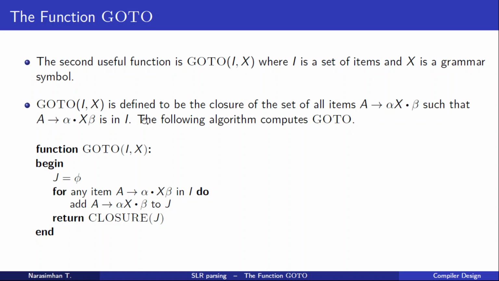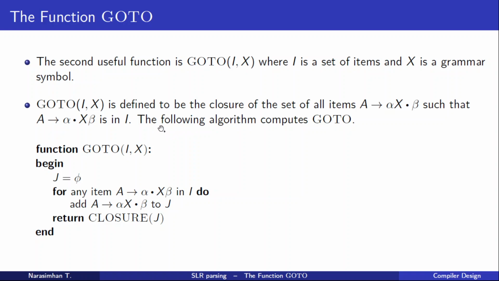I repeat, you want to find goTo I comma X. What you need to do? You identify all those items in I which are of the form A gives alpha dot X beta, that is, items such that you have a dot to the left of the symbol X. Then you just move the dot over the symbol X and add to a temporary set.